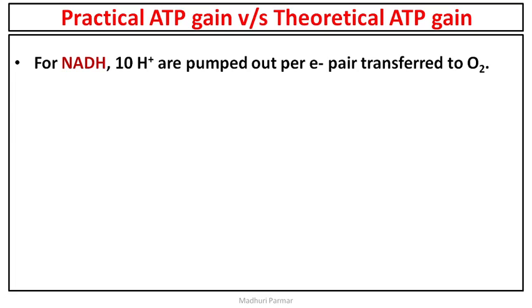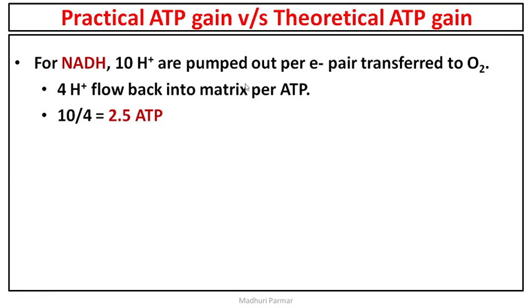If you have one NADH molecule, from complex 1, then complex 3 and complex 4, all of these three complexes in total release 10 protons from the mitochondrial matrix into the intermembrane space. So you can say 10 protons per pair of electrons.